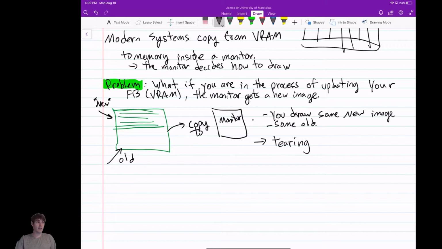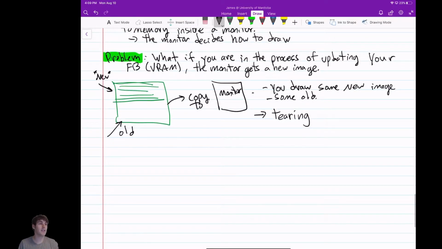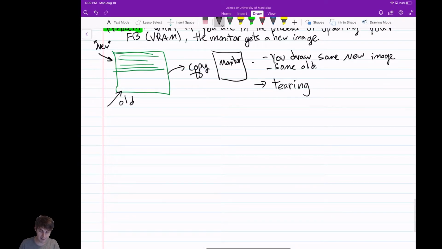It turns out that this is a problem that still plagues systems to this day. The standard approach to fixing this is called double buffering. With double buffering, you might be slow updating your picture, so you work on your own buffer.